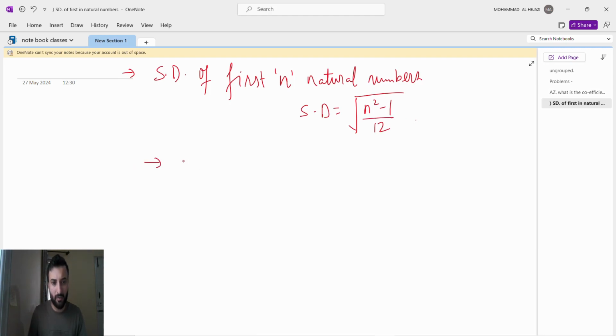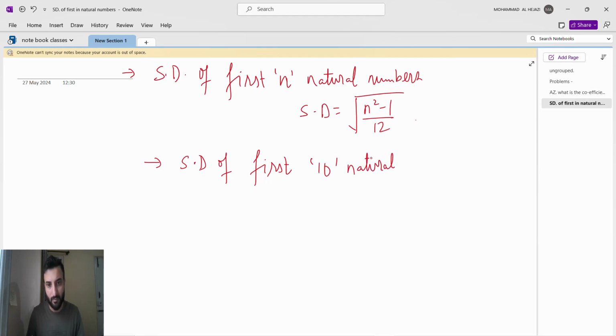Just as an example, suppose they say find the standard deviation of first 10 natural numbers. So standard deviation is square root of n square minus 1 by 12. n is 10.